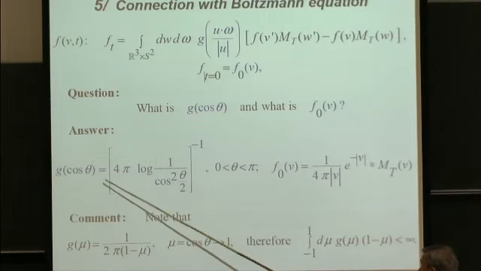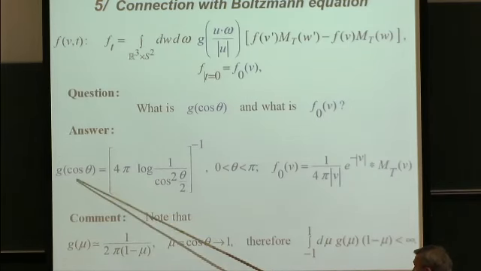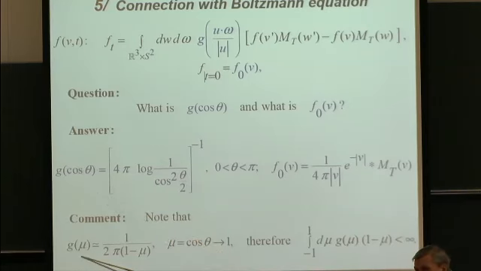If you consider the behavior of this function near theta equals 0, which means cosine equals 1, mu equals 1, it behaves like that, and therefore what I need, that the transport cross section is bounded, holds. So everything is okay.